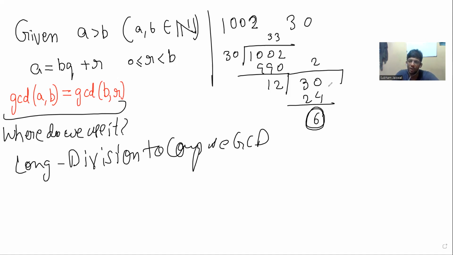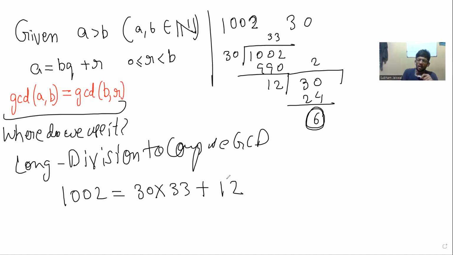Do you see the connection with what we have proved? So you write this in the form of BQ plus R. And why is that correct to do?